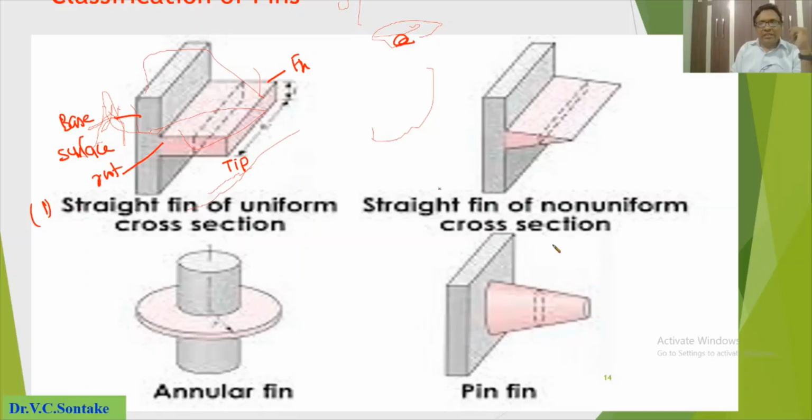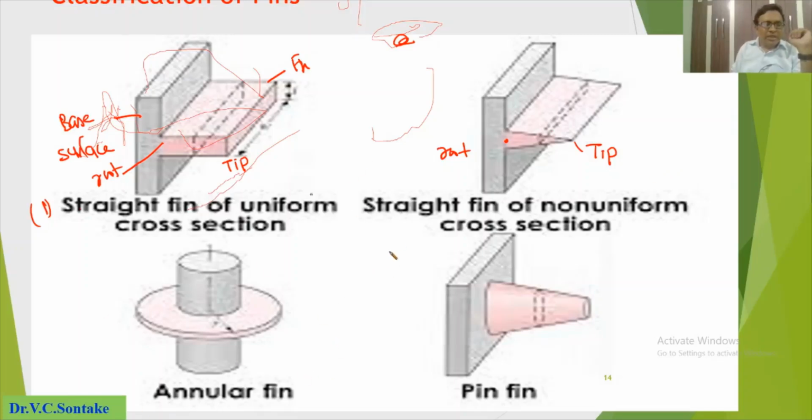In the second case, it is a straight fin of non-uniform cross section. This is its root where its area is maximum, and this is the tip of the fin where its area is minimum, and it is continuously decreasing, so it is a fin of non-uniform cross-sectional area.